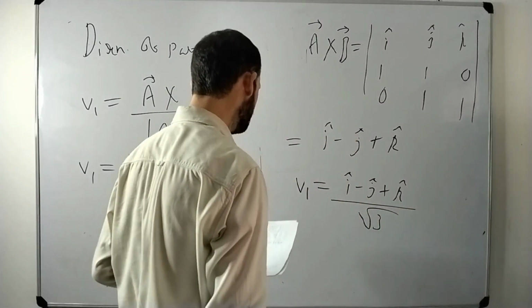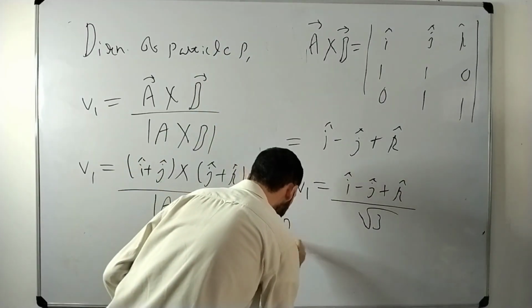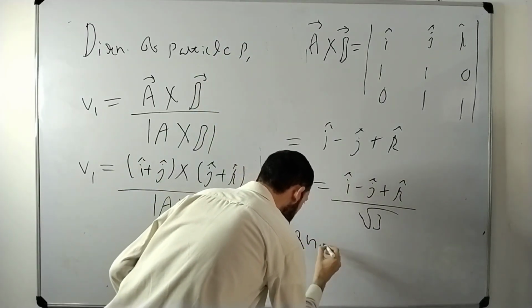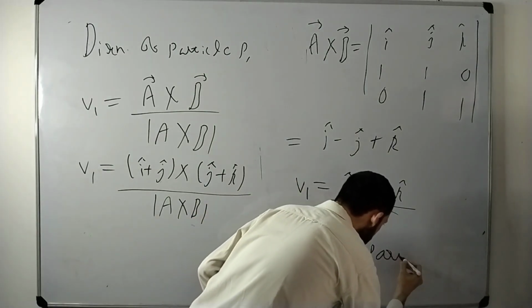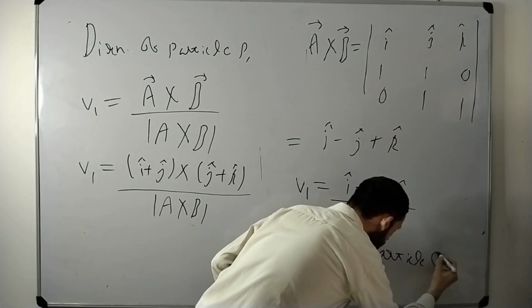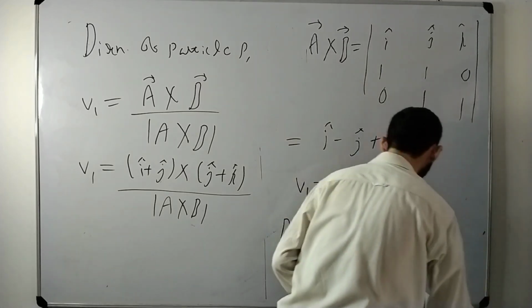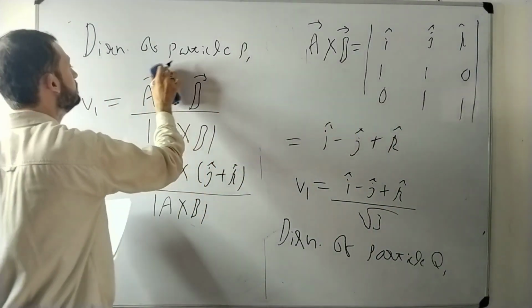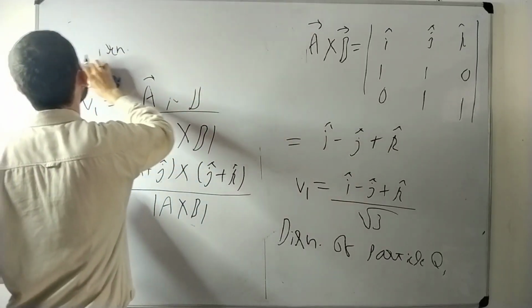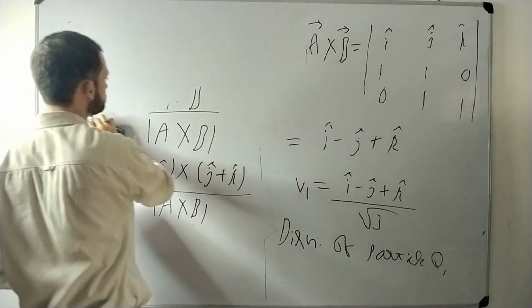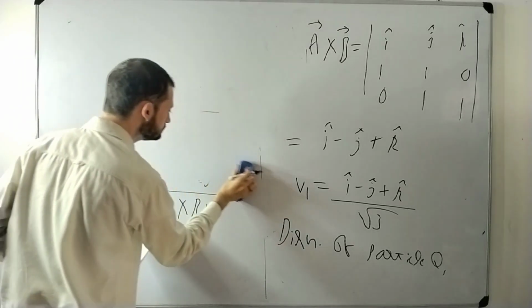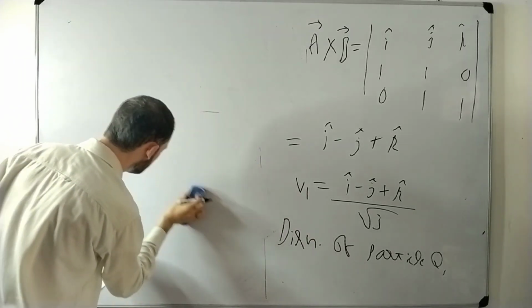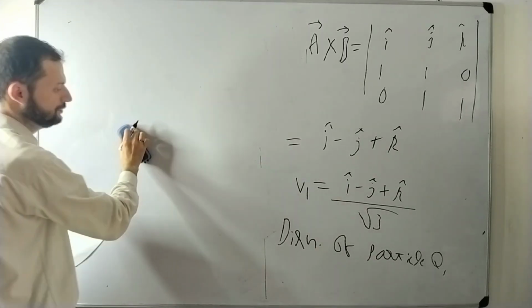Right, students? Direction of Q particle. Direction of particle Q. So this comes out to be, what we are getting, V2.